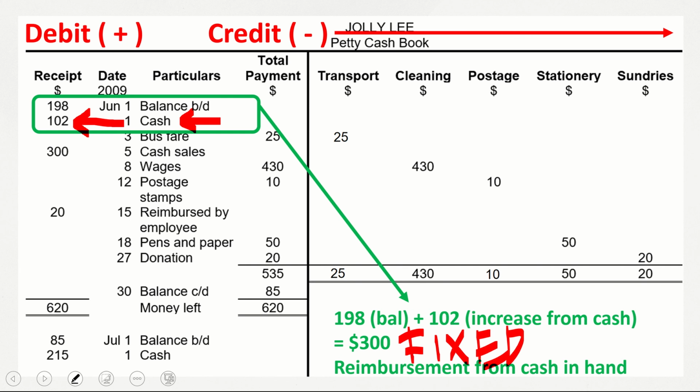I would take my balance brought down, that is the amount of money I have left, plus whatever my chief cashier gave to me, which is $102, and the fixed petty cash imprest amount that I have is $300. And this is called a reimbursement from your chief cashier or from your cash in hand account into your petty cash book.